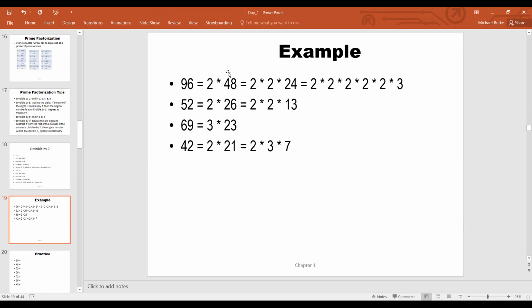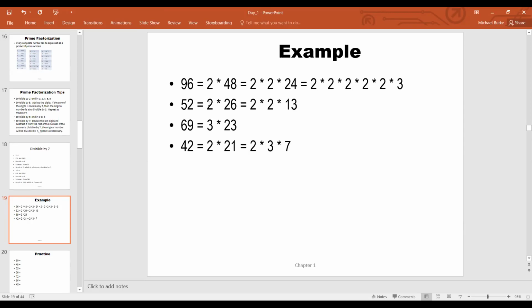If we divide 48 by 2, we get 24. If we divide 24 by 2, we get 12. If we divide 12 by 2, we get 6. If we divide 6 by 2, we get 3. That's how we get 2 times 2 times 2 times 2 times 3.